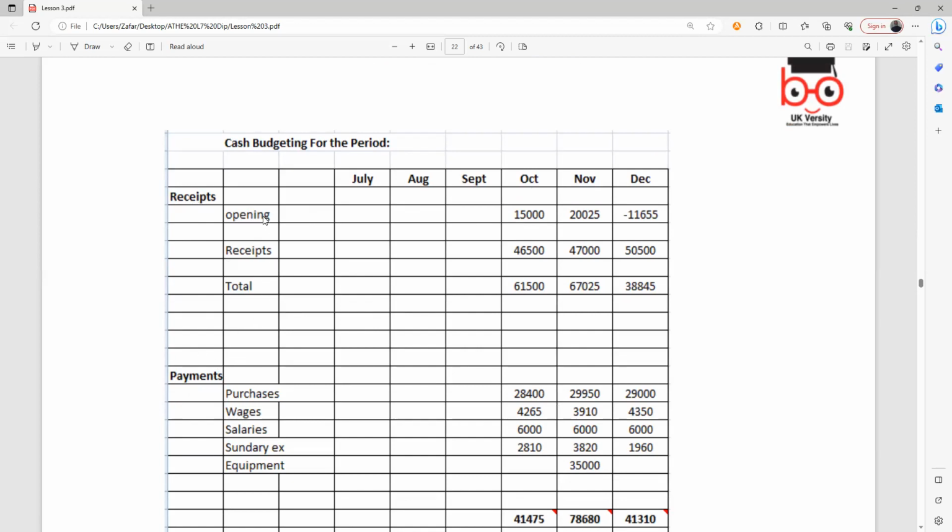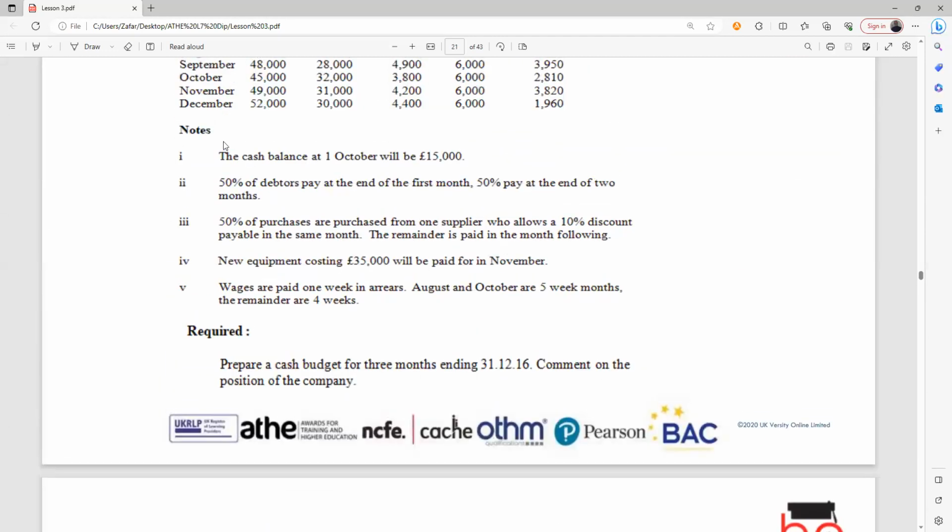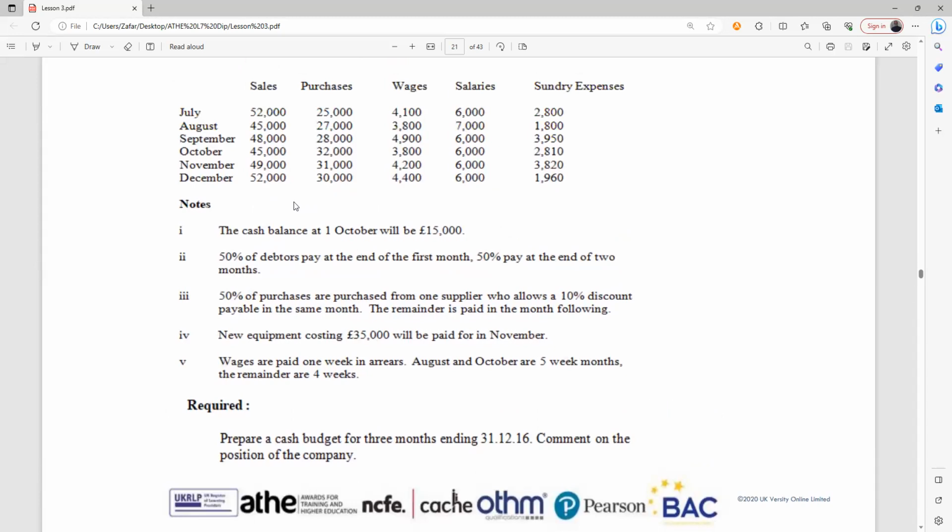Then in the receipts, we have the opening balance. We always have some kind of opening balance, i.e. the balance that we started with. In this month, October, the notes tell you the cash balance at October will be £15,000. So that's the opening balance, the opening cash.